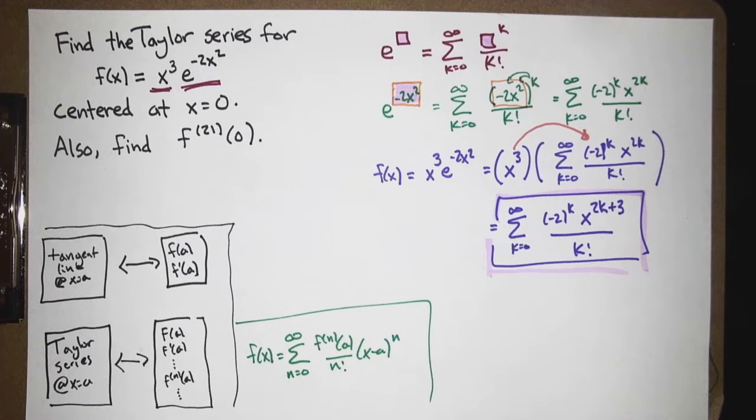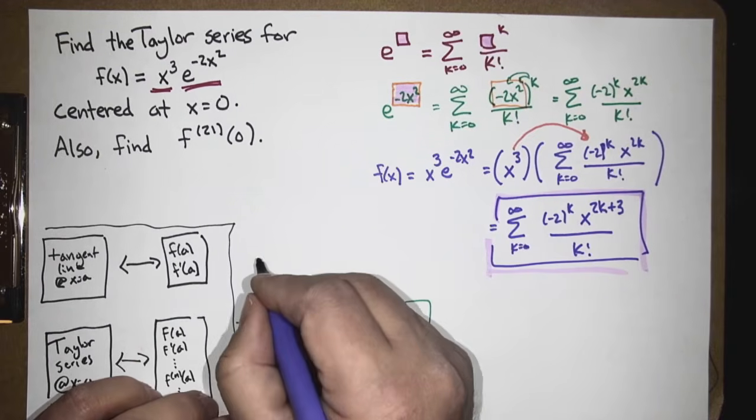The coefficient of x stores the derivative. The coefficient of x squared stores the second derivative. The coefficient of x cubed, the third derivative. What derivative are we after? 21st. So what coefficient are we looking for?